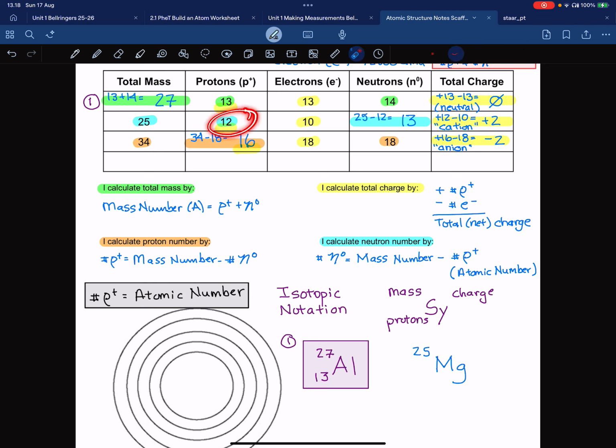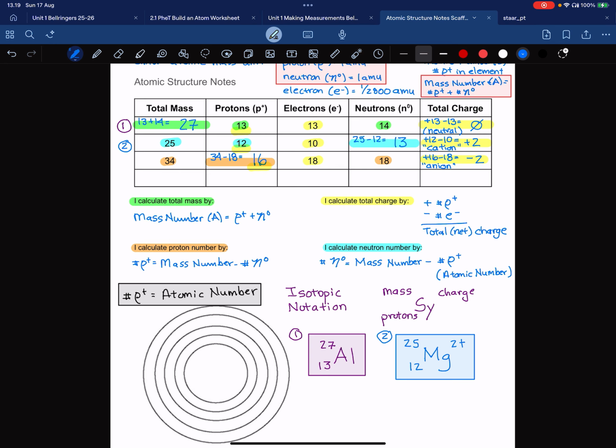The protons is 12, so I'm going to put a 12 on the lower left. And the charge was positive 2, so I'm going to put a 2 plus right here. Now, generally, when you write charge by itself, you put a plus 2. If you put it with a symbol, it's a 2 plus, but not going to pay too much strict attention to that. That is number 2, which I'm going to put here.